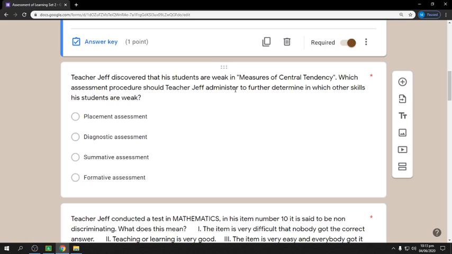Teacher Jeff administers the test to determine the skills where his students are weak. I actually prefer not to use the term weak, but rather areas for improvement. So if you want to identify what other areas they need to improve on, then of course you have an idea.